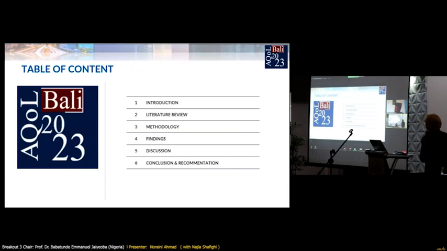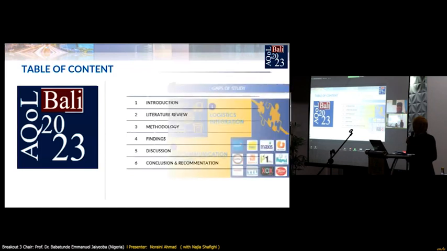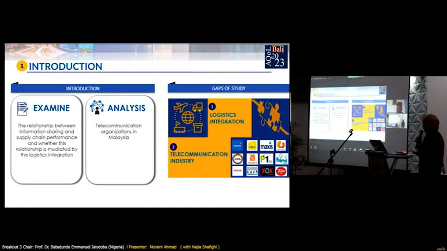For my presentation, we will cover the introduction, literature review, methodology, findings, discussion, and also conclusions and recommendations. So we start with the introduction. Basically, this research will examine the relationship between information sharing and supply chain performance, and we want to see whether this relationship is mediated by logistics integration or not.